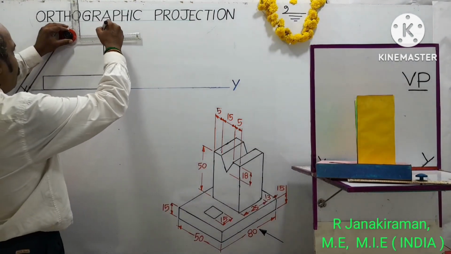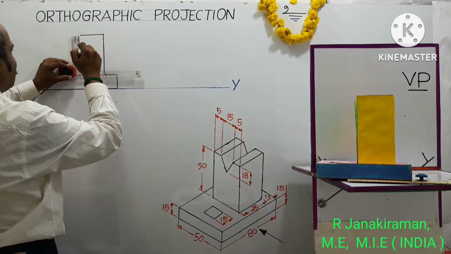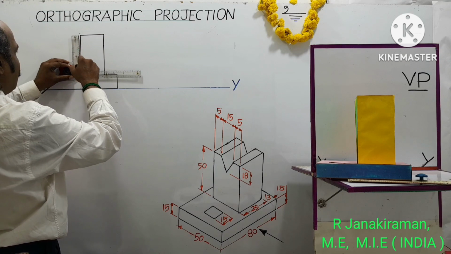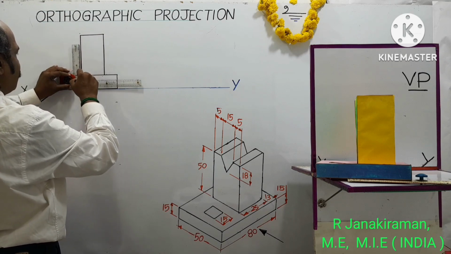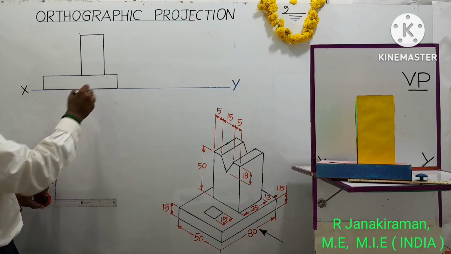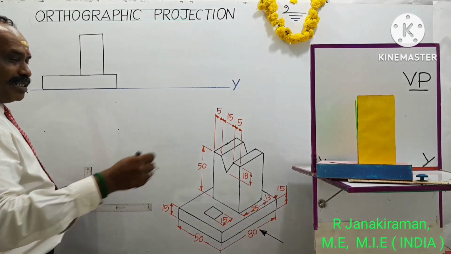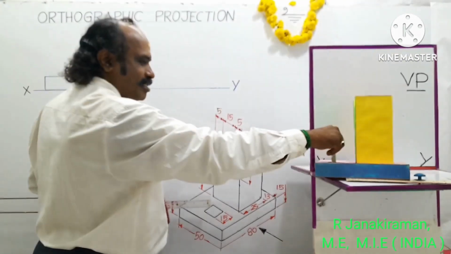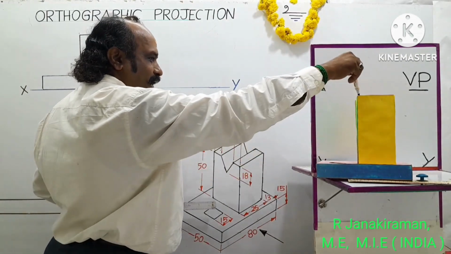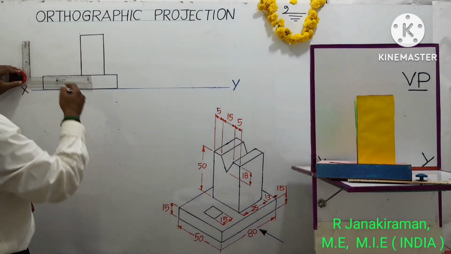So from the top you mark a distance of 25 mm, 2.5 centimeter, and draw one more vertical line parallel to the previously drawn line. So this will be the yellow surface, and this will be the blue surface on the base. The remaining hidden edges, that is the square hollow and V passage depth, we will complete later in this front view.